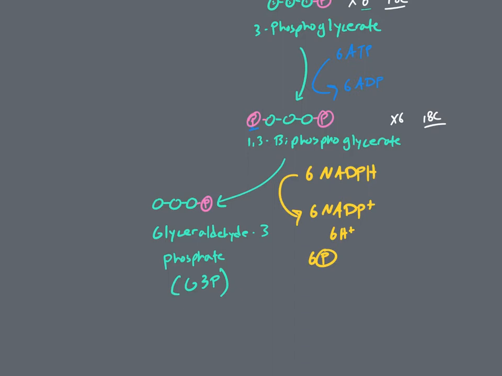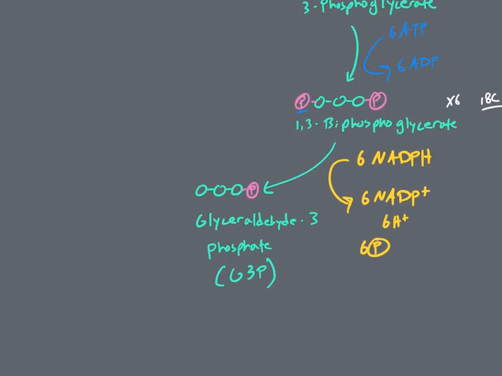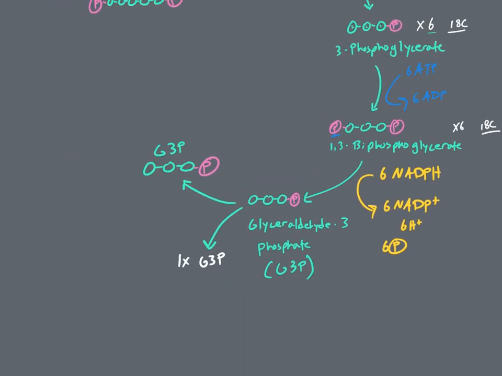The G3P molecule has 3 carbons, and we have 6 of them, but one of them is going to get released. How many G3Ps is that going to leave us with? We've got 5 now, for a total of how many carbons? We've got 15 total carbons now.